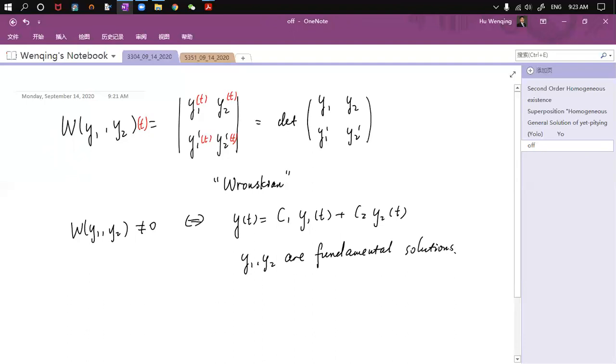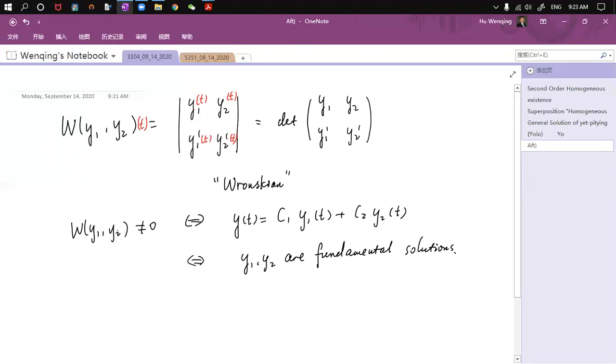Because if you don't have this unique C1, C2, you cannot build a general solution from Y1, Y2. To build a general solution, you have to guarantee that the particular solution C1, C2 is unique, and for that to be true, the Wronskian has to be non-zero.